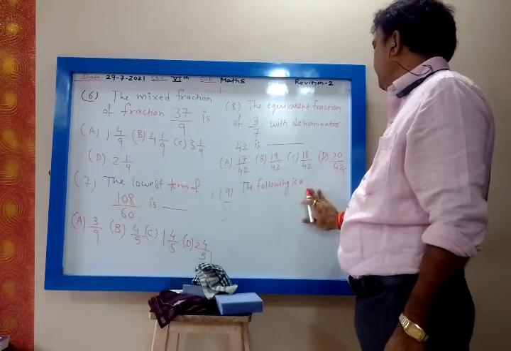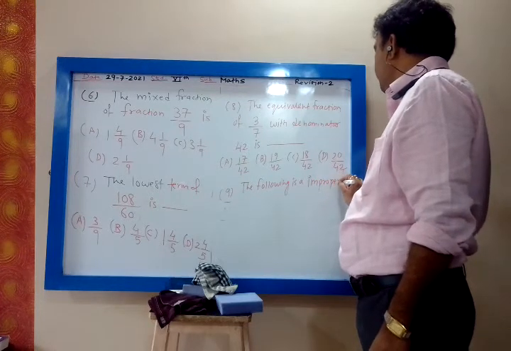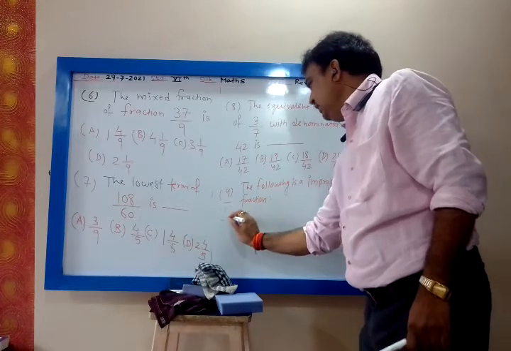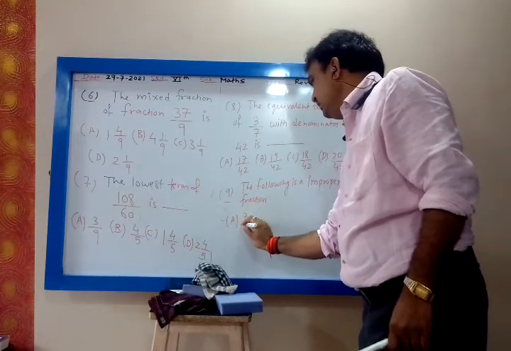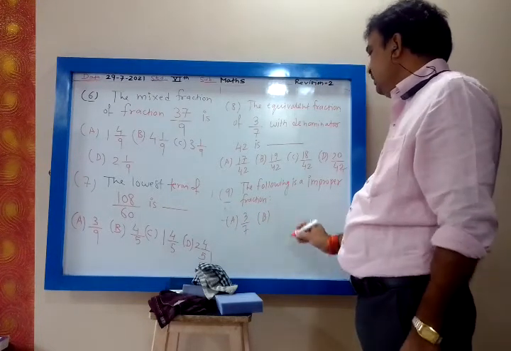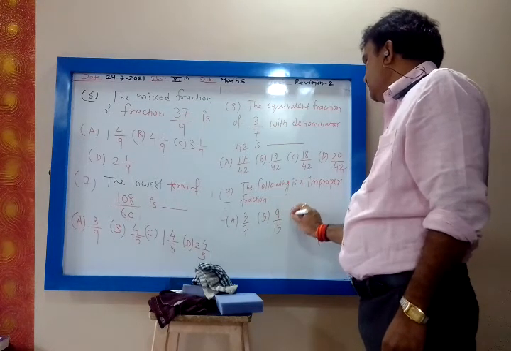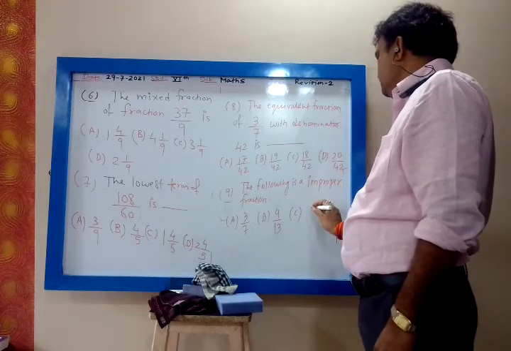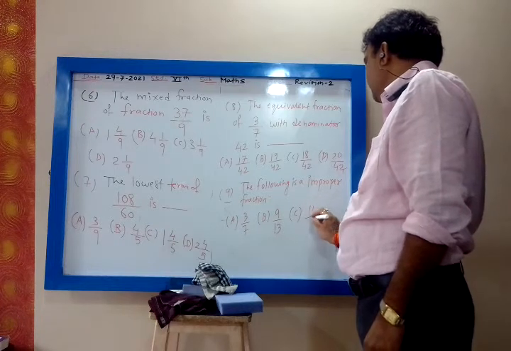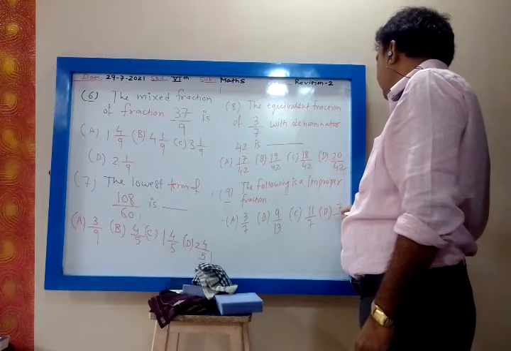A 3 by 7, B 9 by 13, C 11 upon 7, D 7 by 90.